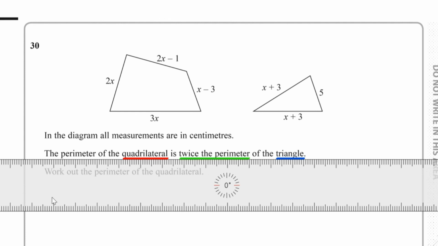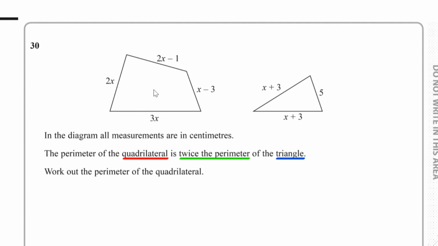If I call this quadrilateral 1, and this triangle 2, then the perimeter of 1 is equal to 2x plus 3x plus x minus 3 plus 2x minus 1.